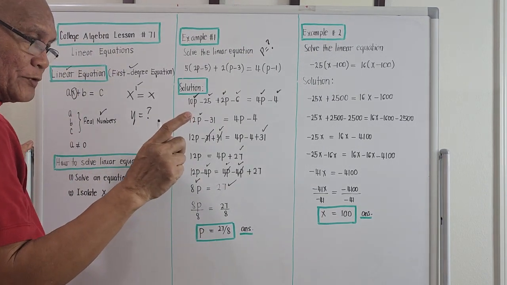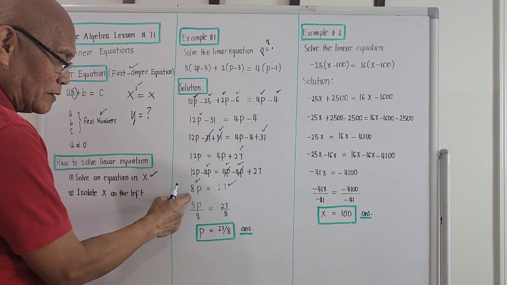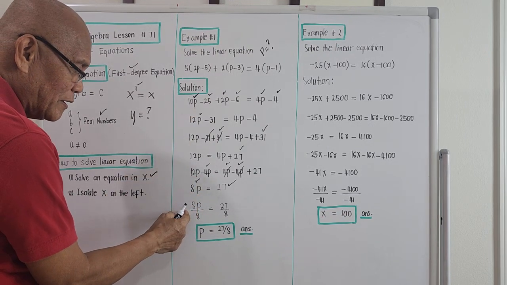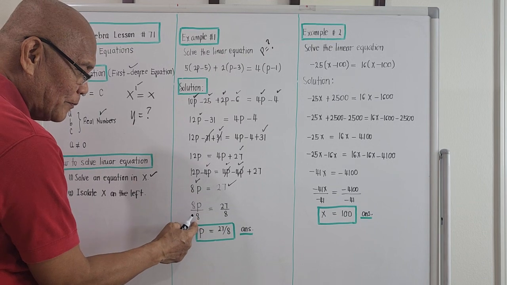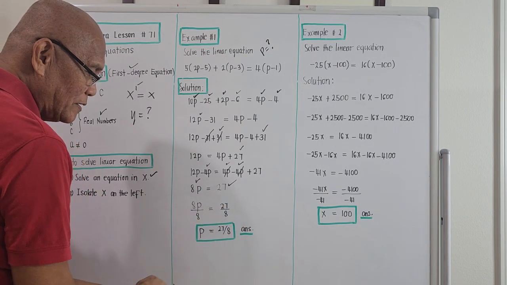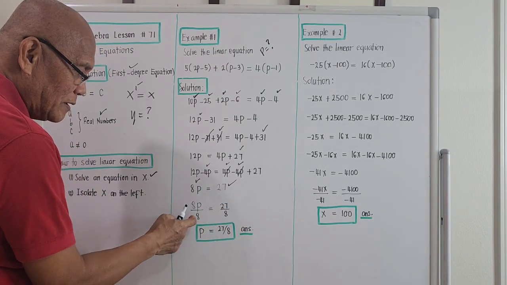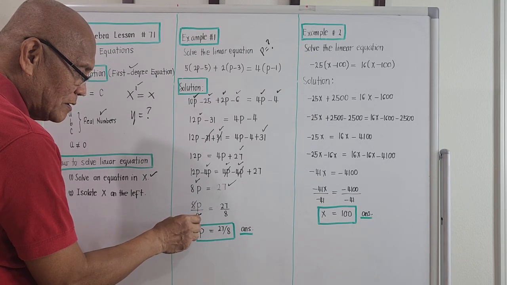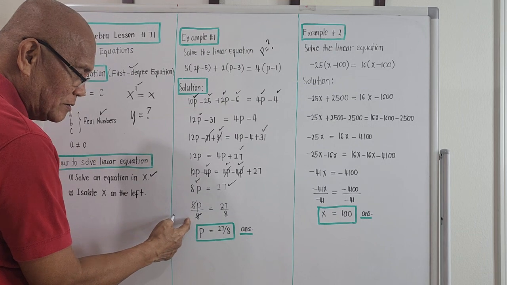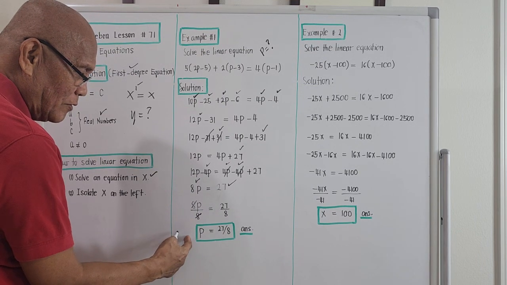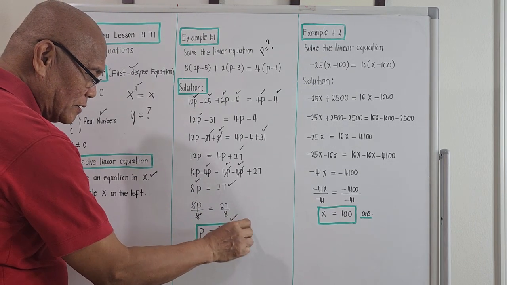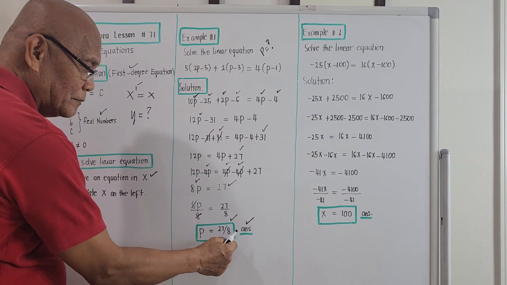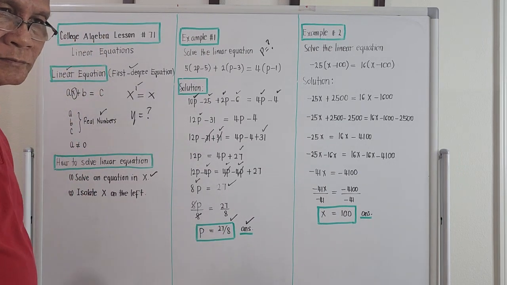We will try to compute for p now, right? So we will divide the left hand side by 8. We divide the right hand side by 8. If we divide the left hand side by 8, this 8 here cancels with this. This is 1, this 1. So p now will be equal to 27 over 8. That will be our answer. As simple as that one.